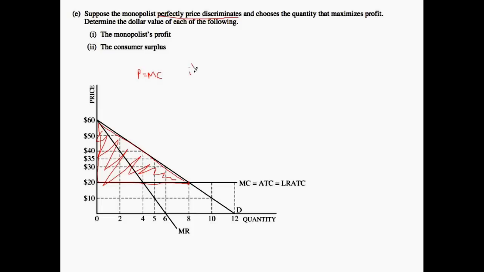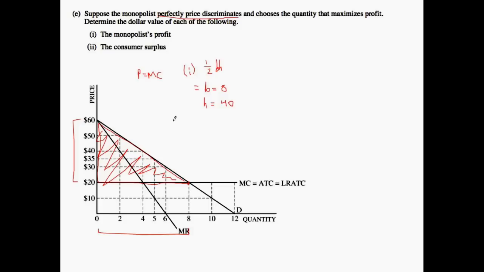So let's go ahead and solve now for the monopolist profit in a perfect price discrimination situation. The equation for a triangle that is a right angle by nature is going to be a half base times height, and therefore your base is going to equal 8 minus 0, or just 8, and then your height is going to equal 60 minus 20, which is the same as 40.